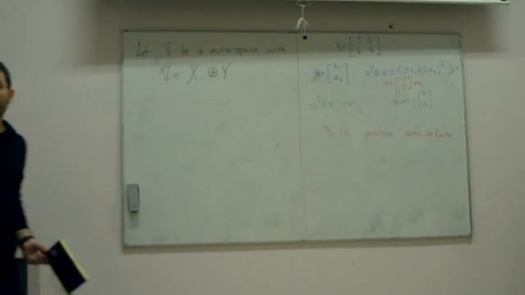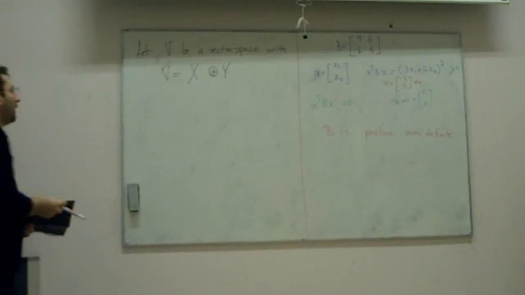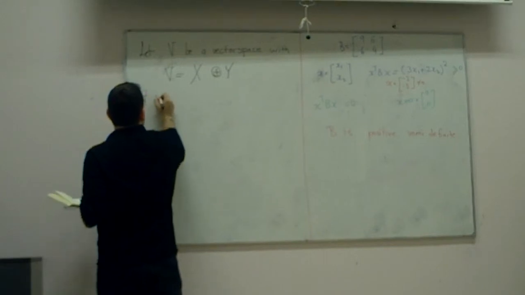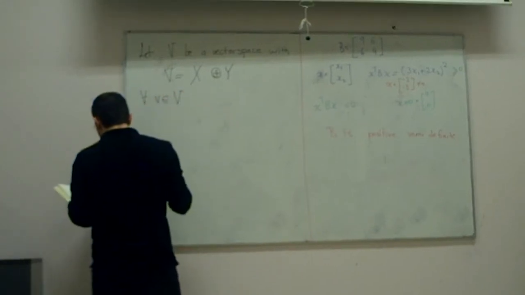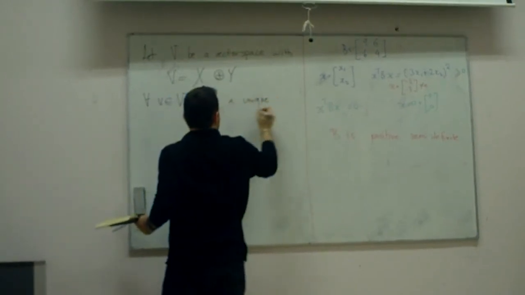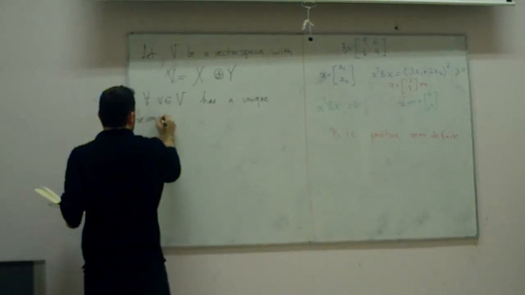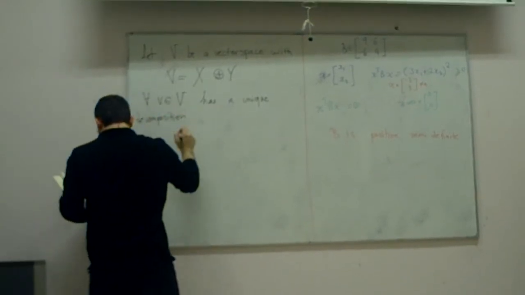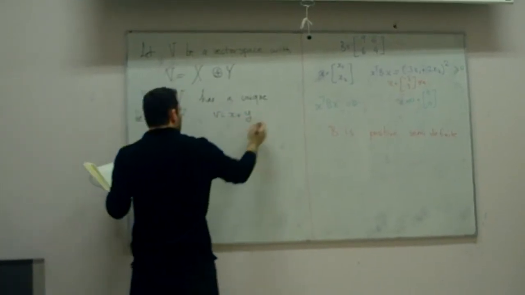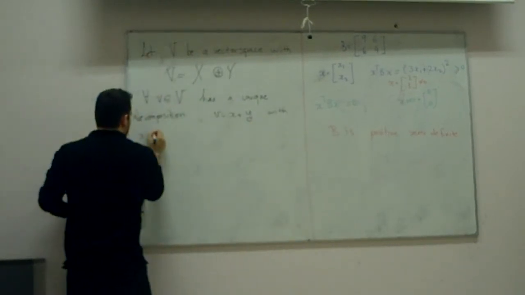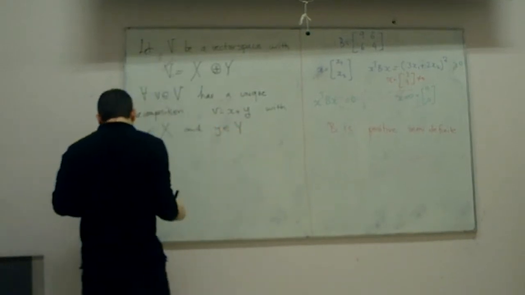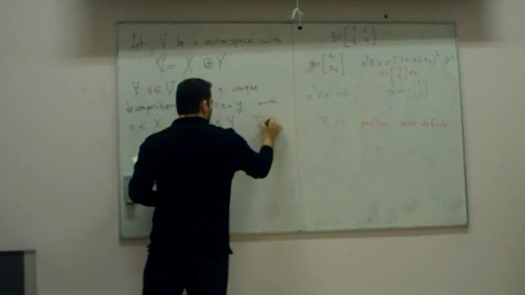Direct sum, where V is the direct sum of two other vector spaces. So every v belonging to vector space V has a unique decomposition of v equal to x plus y, with x belonging to vector space X and y belonging to vector space Y.